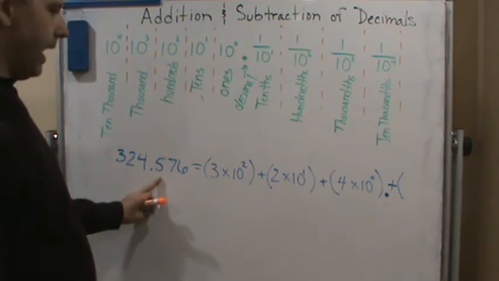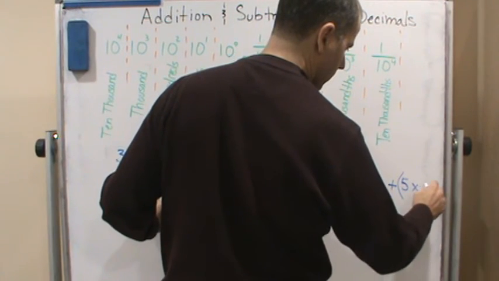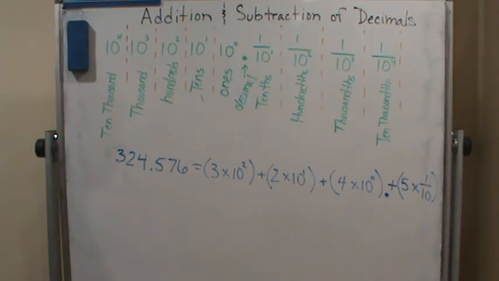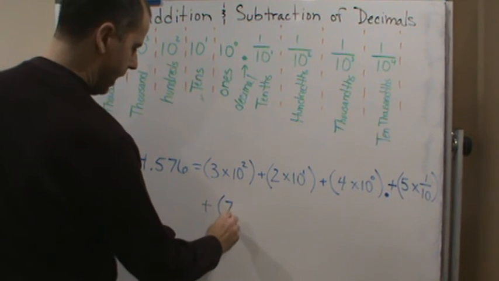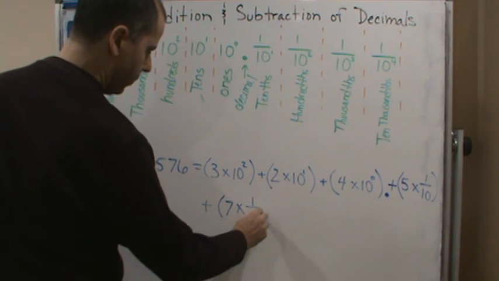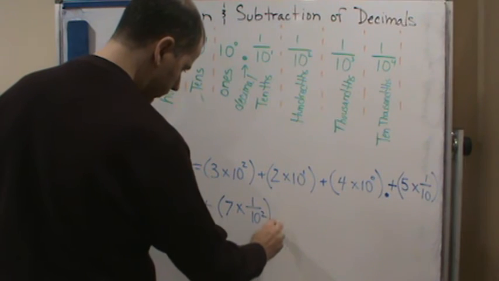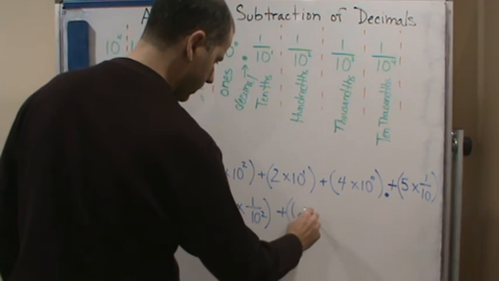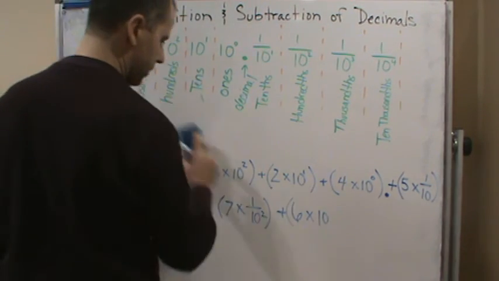Now it's 5 times 1 over 10, plus 7 times 1 over 10 squared, plus 6 times 1 over 10 cubed.